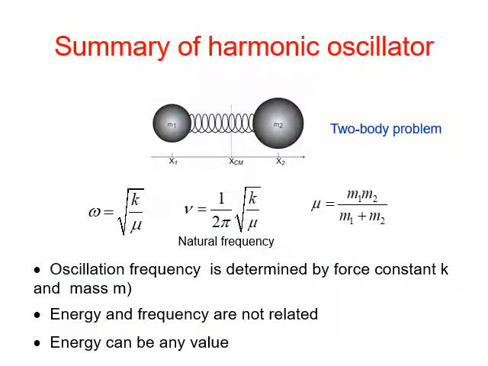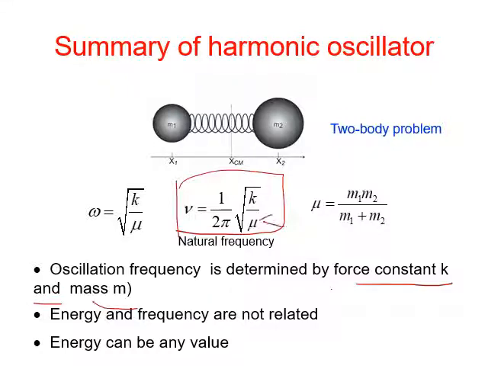In summary, if a diatomic molecule can be considered as a harmonic oscillator of a two-body system in classical mechanics, it has a natural frequency 1 over 2 pi square root of k over mu. This frequency is determined by the force constant, which measures the bond strength, and the mass.